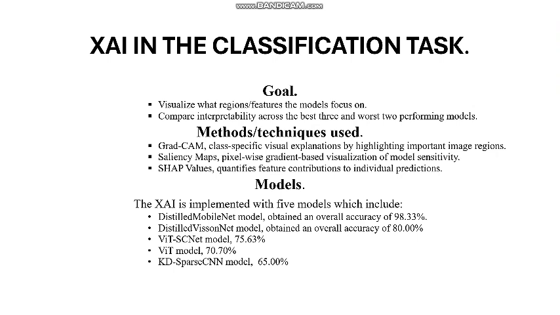These are the distilled MobileNet model, which has an overall accuracy of 98.3%. We also performed it on a distilled vision net model, on the ViT model, and on the KD sparse CNN model, which has an accuracy of 65%.